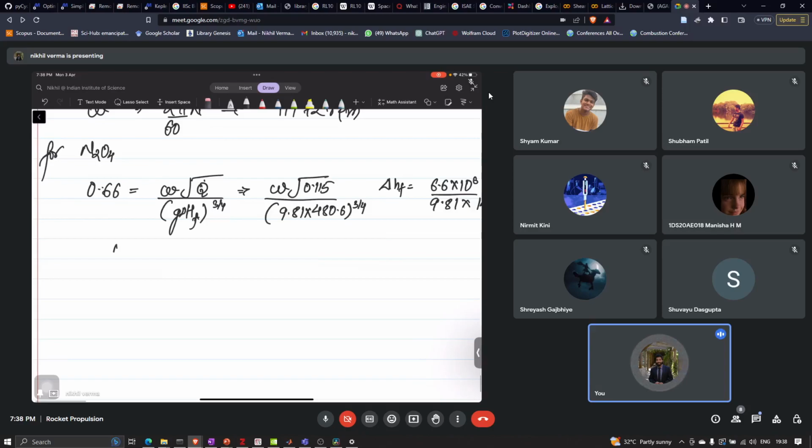So we can calculate omega with this. If you calculate omega, you will get the value as 117 radians per second. In terms of RPM, you get the value as 0570 RPM. Okay, I hope it is clear, right?